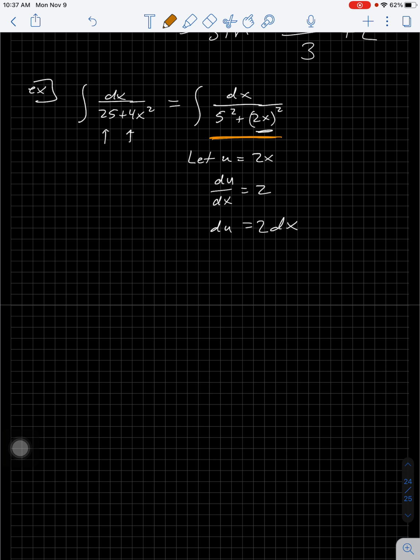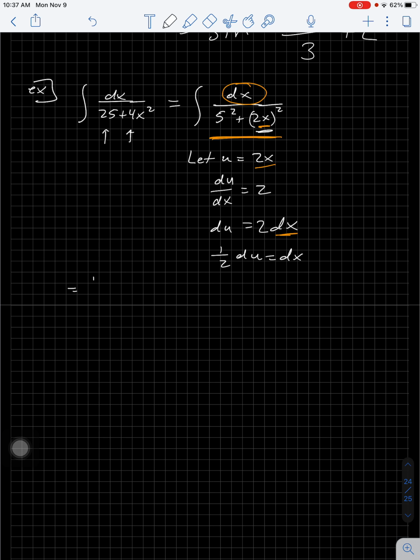Trig function formula. So all I'm trying to do is match up this situation right here. I've got the 2x taken care of with the u. The dx here, that means I don't want that 2. That's too much. And so I'm going to multiply by 1/2 on each side. So now I can substitute in.